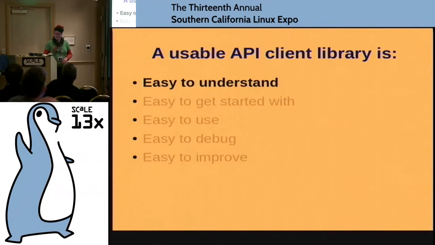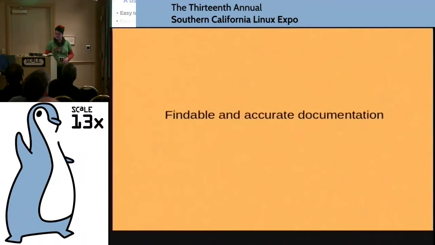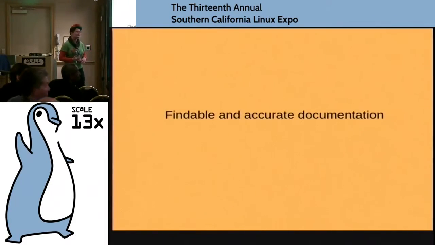All right, let's talk about easy to understand. The most important thing here is to have findable and accurate documentation. And I realize that we all know that there are best practices that we maybe should be following, and for whatever reason don't.